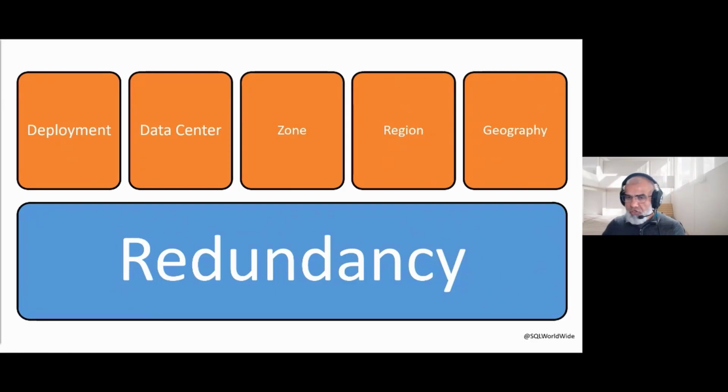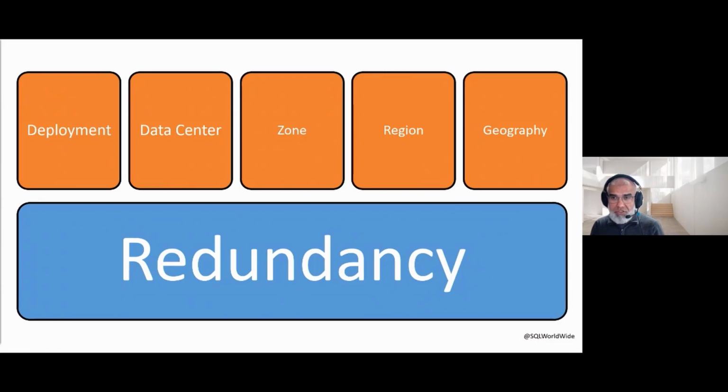Now, this talk is about redundancy. So what kind of redundancy are you talking about, right? If you look at this from left to right, you should think about all of this. Do you have redundancy within the data center? Because when you go to Azure, Azure has regions, and within the region you can have zones, and in a zone you can have multiple data centers.